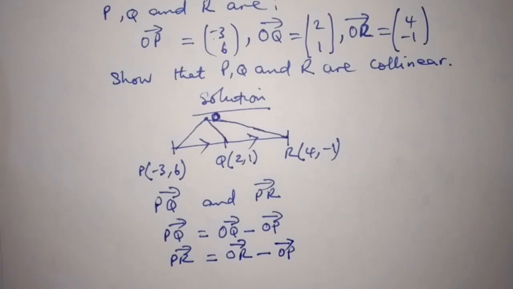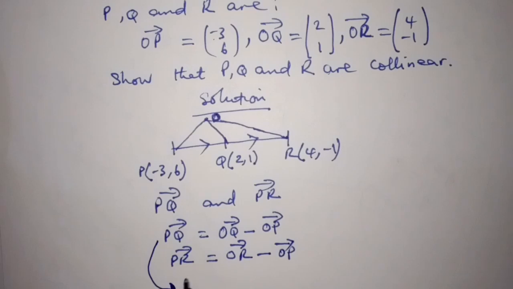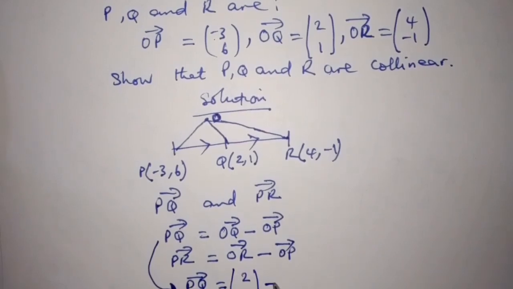Now we can find vector PQ. PQ will be (2, 1) minus (-3, 6).